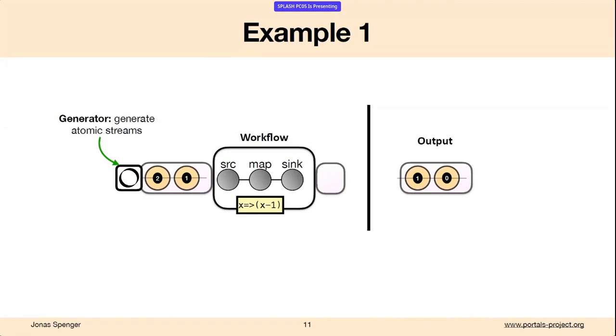And the workflow is very simple. It simply decrements the events by 1. So the events are integers, and they're decremented by 1. And the output is, again, two atoms. The first atom has the event 0, and the second atom has the event 1.